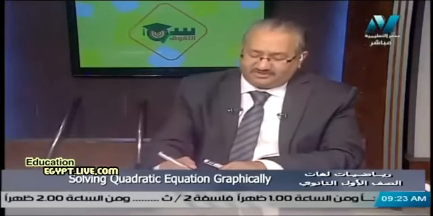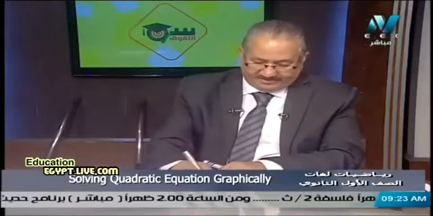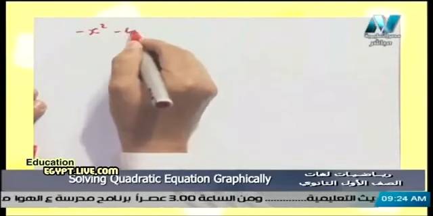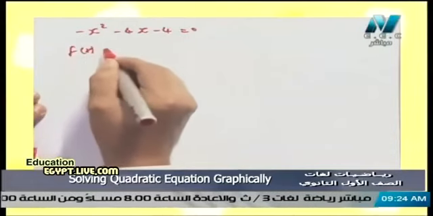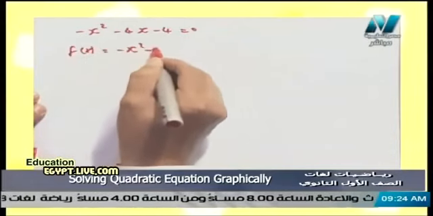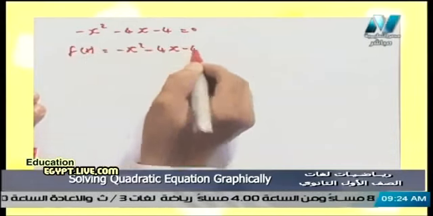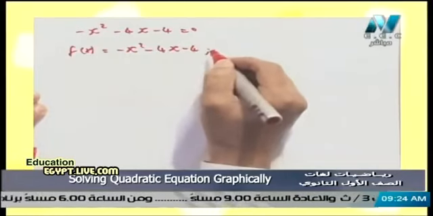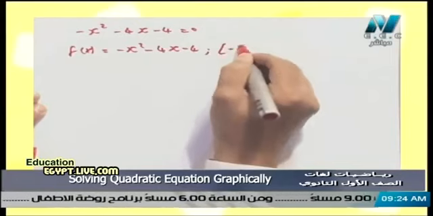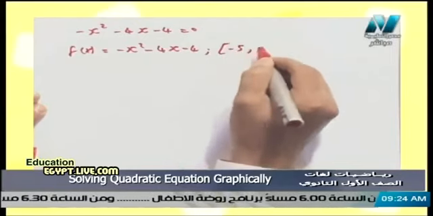Let the equation be negative x power 2 minus 4x minus 4 equals 0. That means the function is negative x power 2 minus 4x minus 4, and the interval that we use will be from negative 5 to 1.